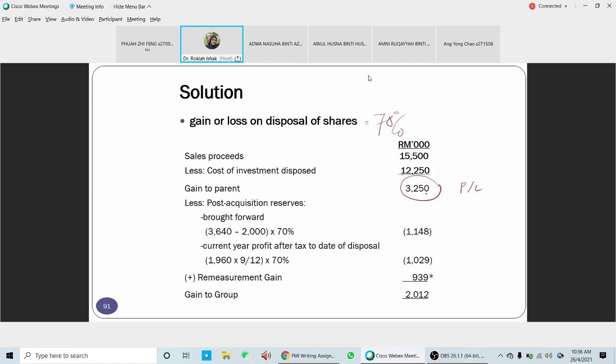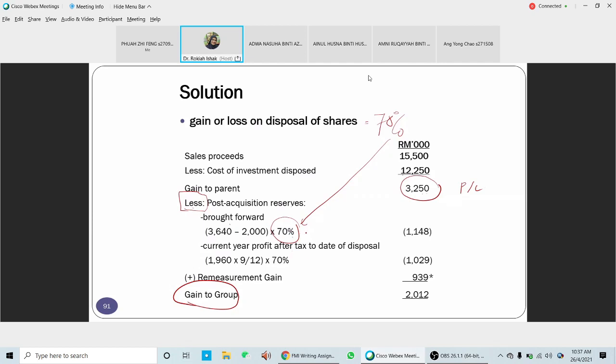So you already have 3250 here. Then we need to make an adjustment because we want to find the gain to the group. So we need to minus the post-acquisition reserve, RE brought forward, but this time we need to times it with 70%. Previously we timed it with 10%, the same figure, but this time times 70.